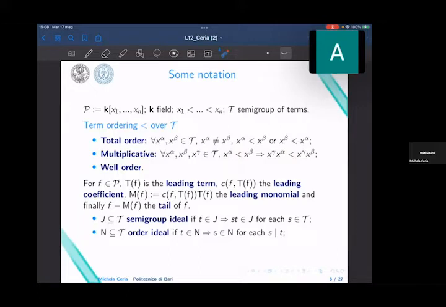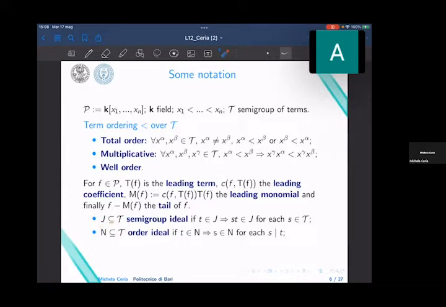When you have it, for each polynomial you can define the leading term, that means the maximal term inside the polynomial with respect to the ordering, the leading coefficient, that is its coefficient, and the leading monomial, that is their product. Finally, you can take the polynomial and subtract this leading monomial, getting the other monomials with their coefficients. This is what we call the tail of a polynomial. We define then a couple of subsets of T with special properties.